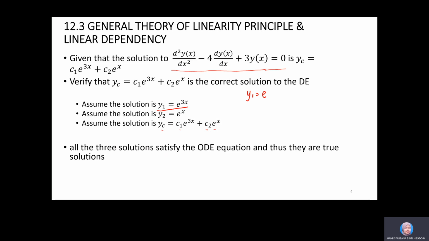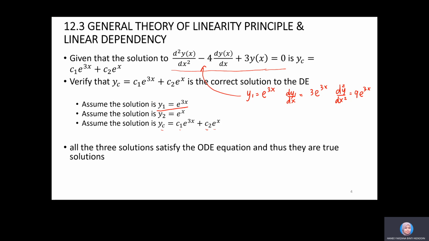So y1 is equal to e to the 3x. Then dy1 over dx is 3e to the 3x, and d2y over dx squared equals 9 times e to the 3x. Then you can substitute this into the given ODE.